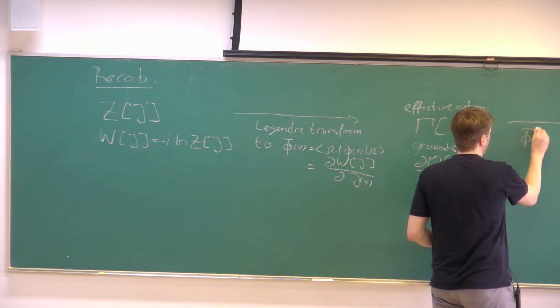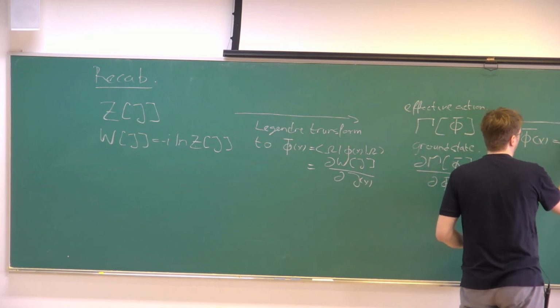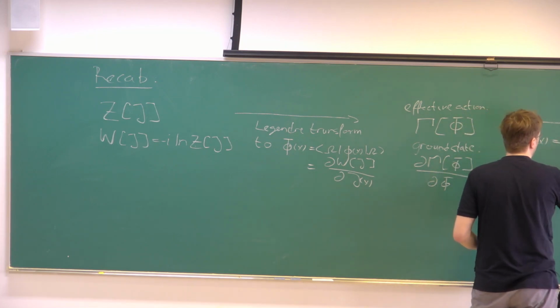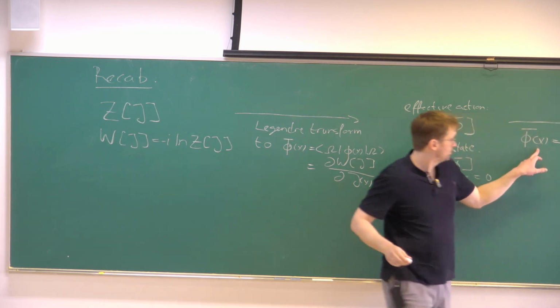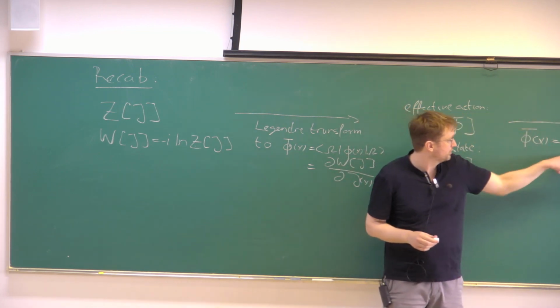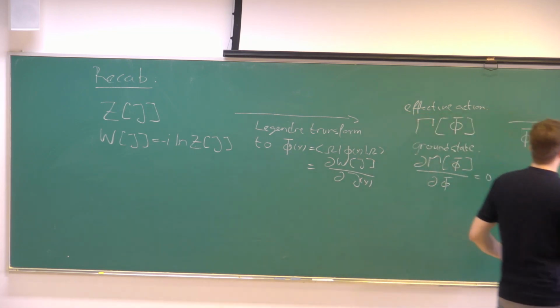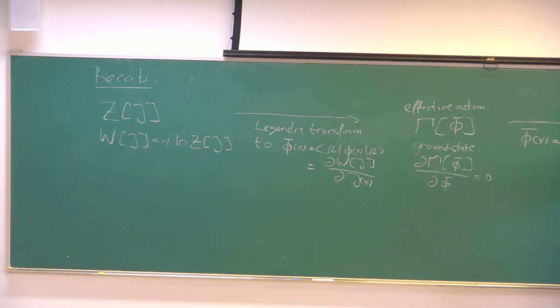So configurations with phi of x, this field here, constant, and then we get the so-called effective potential.